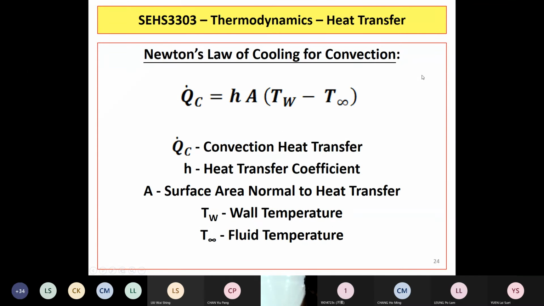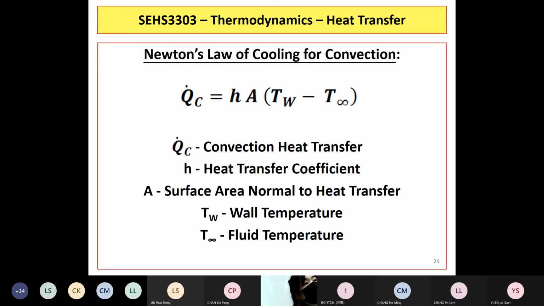Based on what we learned, we add more. We add the convection boundaries into our conduction system. So first thing, how to calculate the convection heat transfer. Recall your memory of Newton's law of cooling. This is the basic equation to solve convection heat transfer.